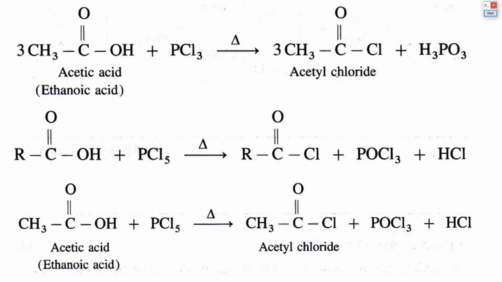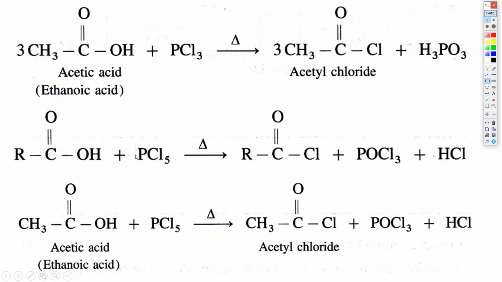So this is a very important point: thionyl chloride, PCl3 and PCl5. Then we will discuss the next general reaction, that is carboxylic acid and PCl5. The formula of carboxylic acid is RC=OOH. When it reacts with phosphorus pentachloride, that is PCl5, what will happen?